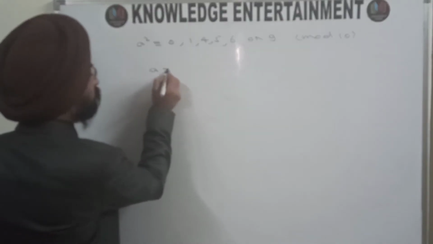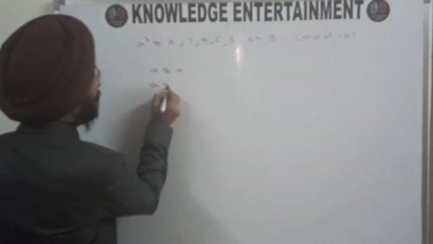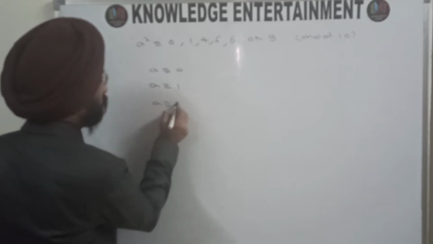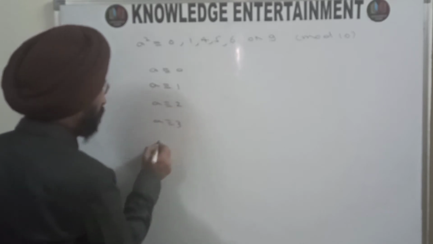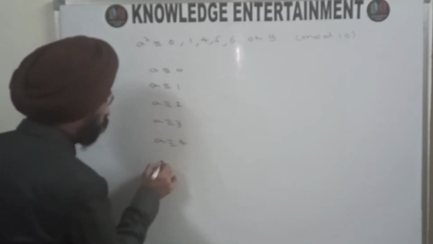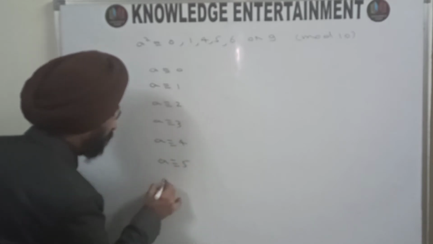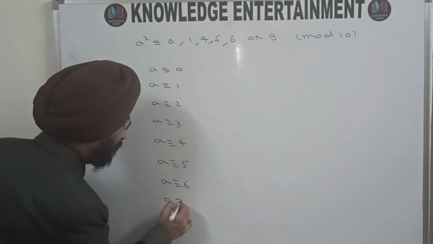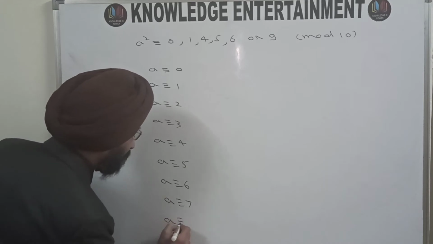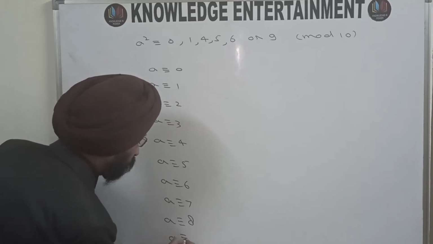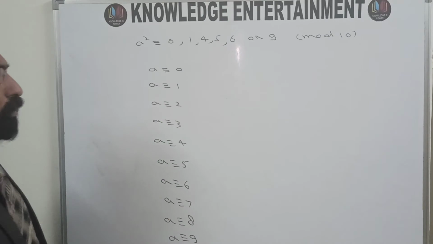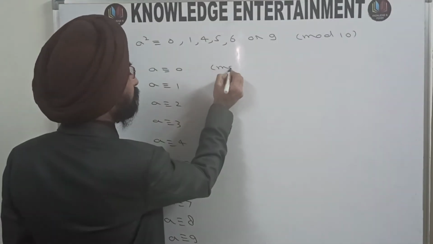If a is congruent to 0, a is congruent to 1, a is congruent to 2, a is congruent to 3, a is congruent to 4, a is congruent to 5, a is congruent to 6, a is congruent to 7, a is congruent to 8, a is congruent to 9. These are all the possibilities modulo 10.